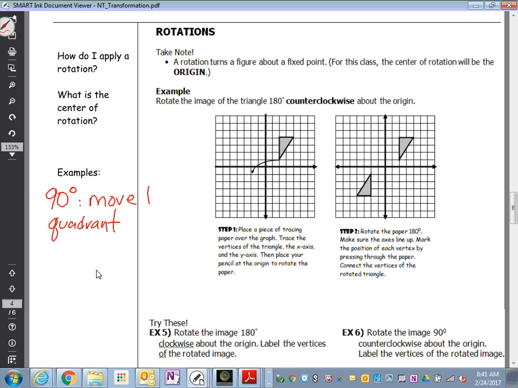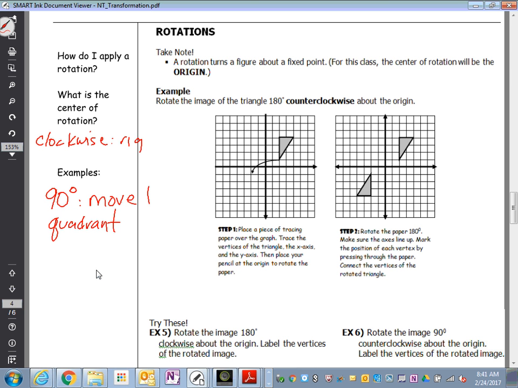Now, clockwise or counterclockwise, if you're not sure, literally look at the clock and see which way that red hand is going. Clockwise goes to the right. Counterclockwise goes to the left. We know that? Let's write it. Clockwise goes which way? Right.